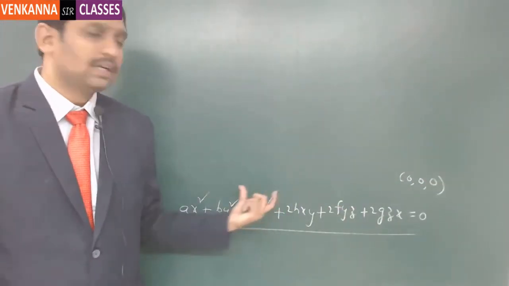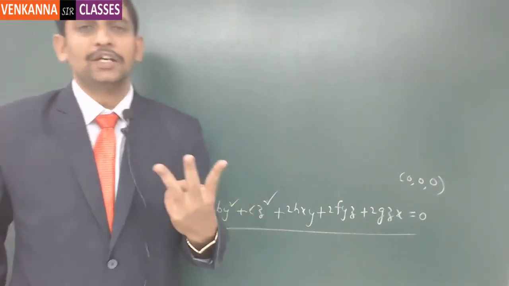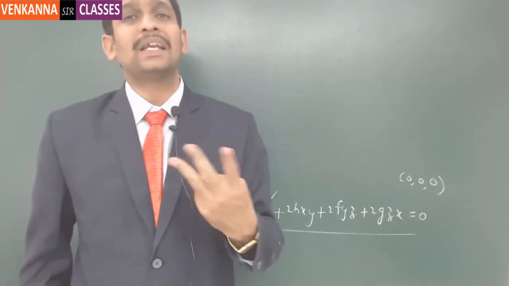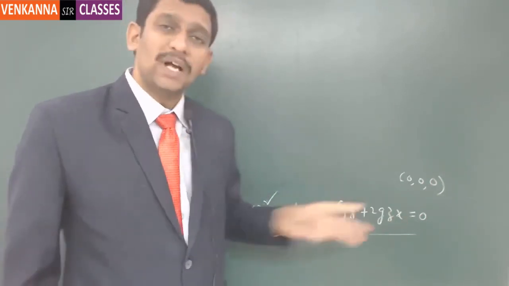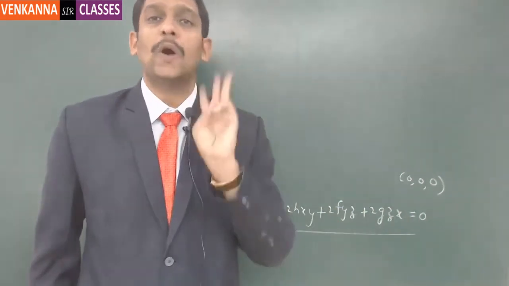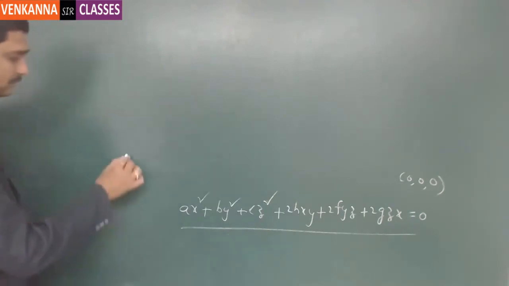Suppose this cone has three mutually perpendicular generators, that is, the cone passes through the three coordinate axes: x-axis, y-axis, z-axis.